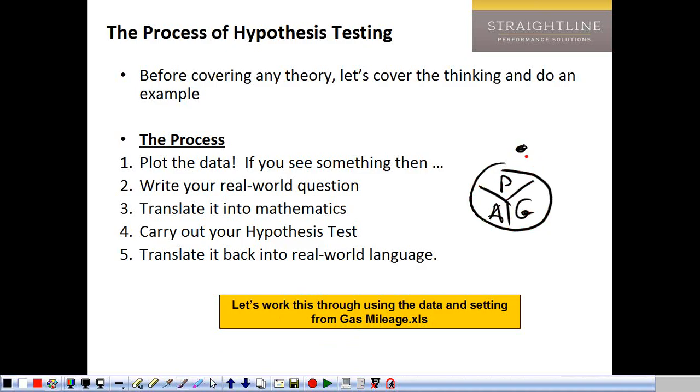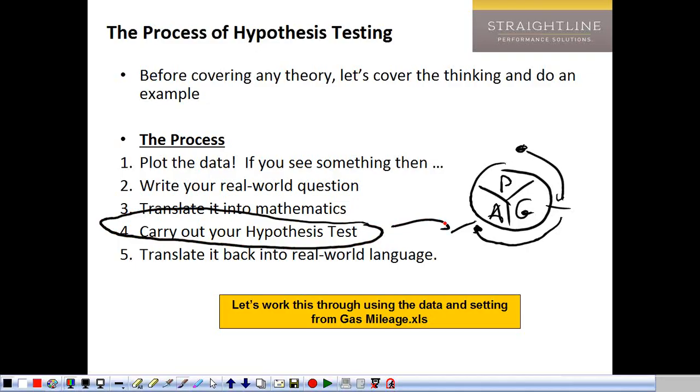Start out with a practical, say what I'm trying to prove, go to a graphical, make a picture of it, and then run the analytical. That's our hypothesis test right here. That's this guy right here. Right? And then translate it back into real-world language. That's this right here. That's getting back to the practical, which we always want to end up at.